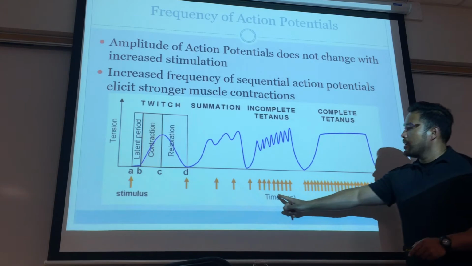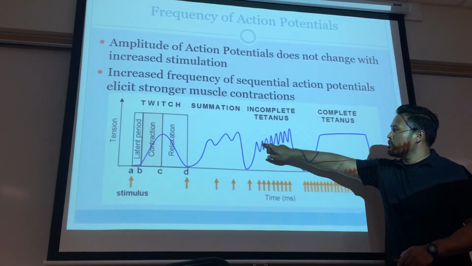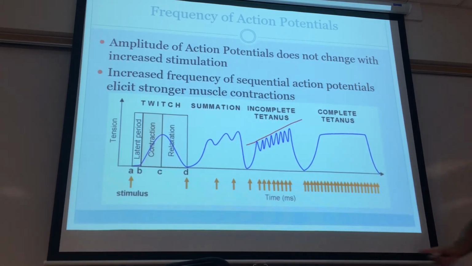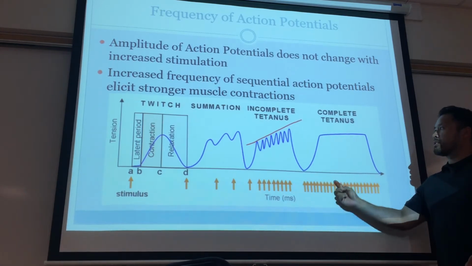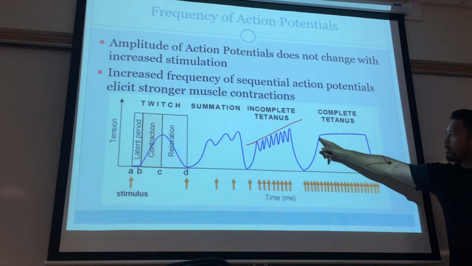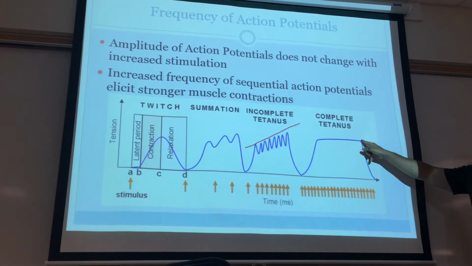When you look at repeated stimuli, you'll see the muscle contraction starts to increase. We start to get a fast rise in tension. And if you have maximal firing stimuli, you'll see what's called a complete tetanus. That is a smooth, generated increase in muscle tension to get us to maximum.